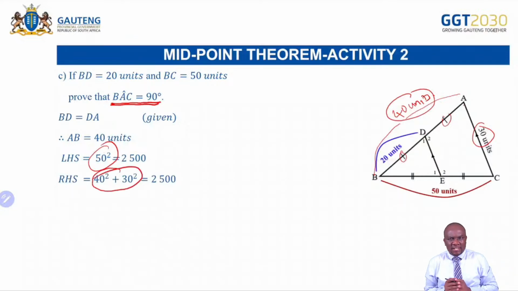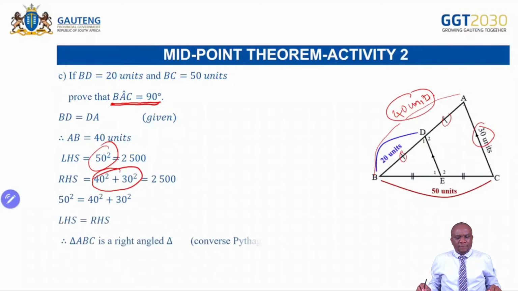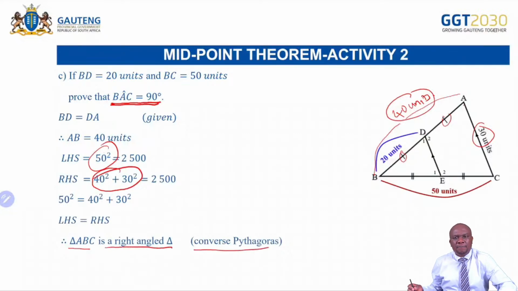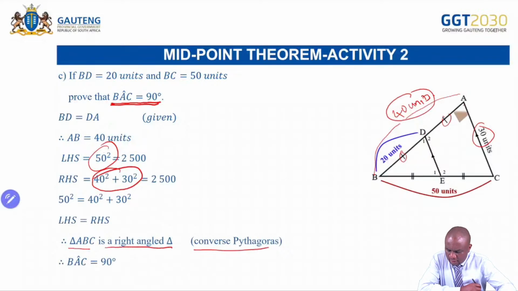Therefore, triangle ABC is a right angle triangle, and this angle A is going to be 90 degrees. That's our right angle. And then the reason is the converse of the Pythagoras theorem. Okay, right, that's what you're supposed to do there.